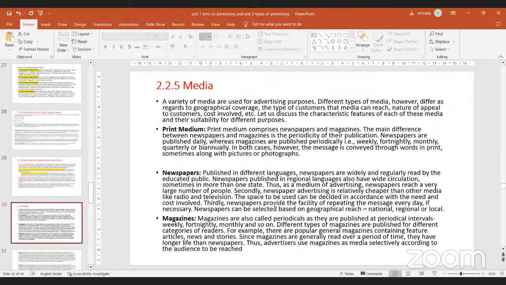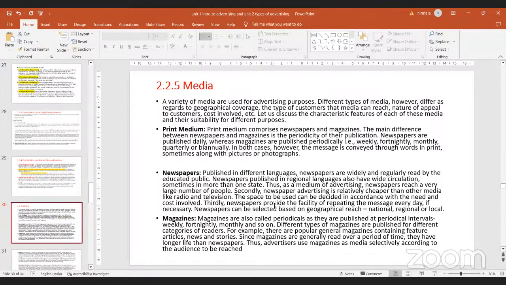The main difference between newspaper and magazine advertising is the periodicity of their publications. In print medium, you might have daily newspapers or weekly newspapers. You may have morning newspapers, generally the mainstream newspapers, tabloids, or evening newspapers, community newspapers, financial newspapers, or general mainstream newspapers.